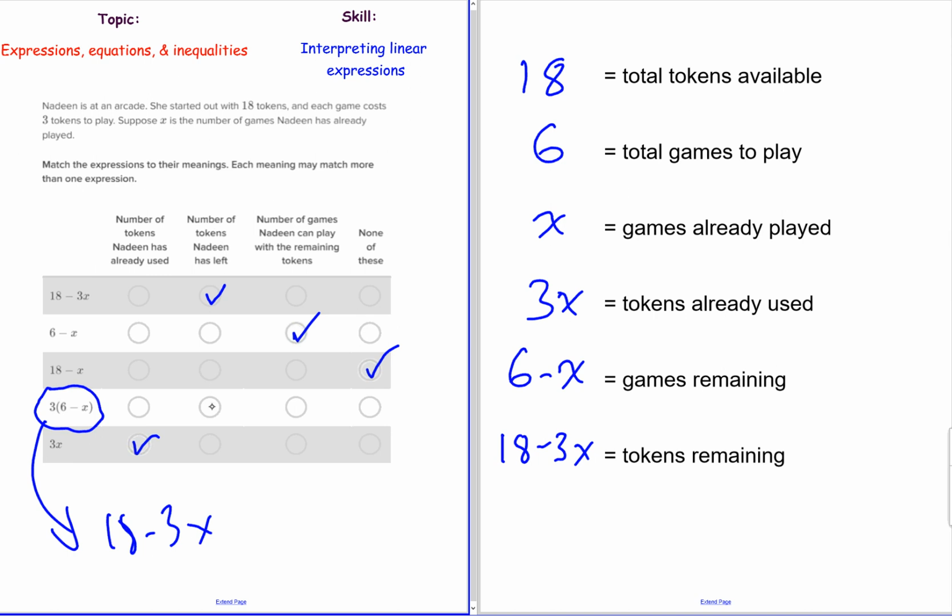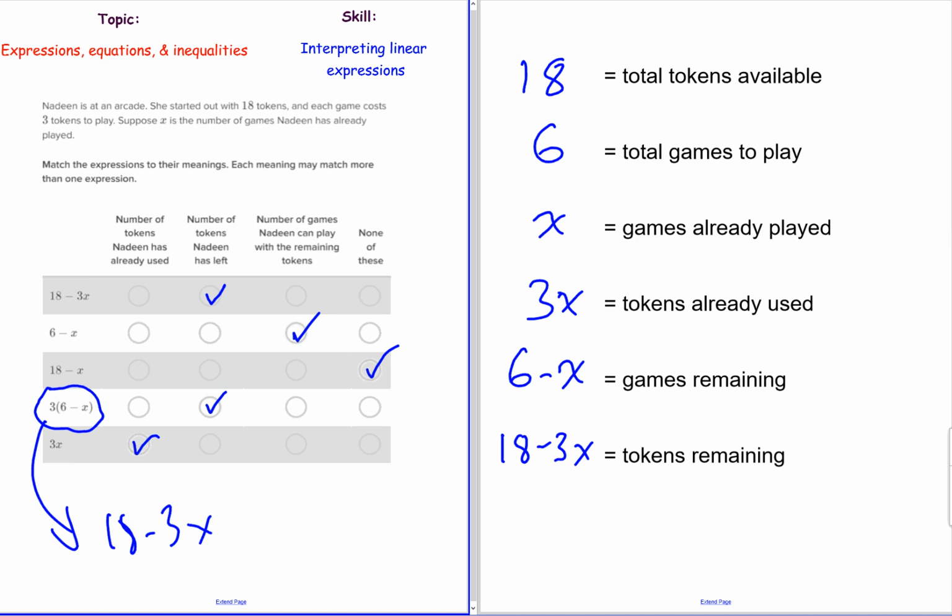That should make sense. 6 minus x is the number of games she has remaining. But if you take the number of games she has remaining and multiply it by 3, that's how many tokens she has. She has 3 times the number of games she can play. So these two are mathematically identical, which is why these two are used twice.